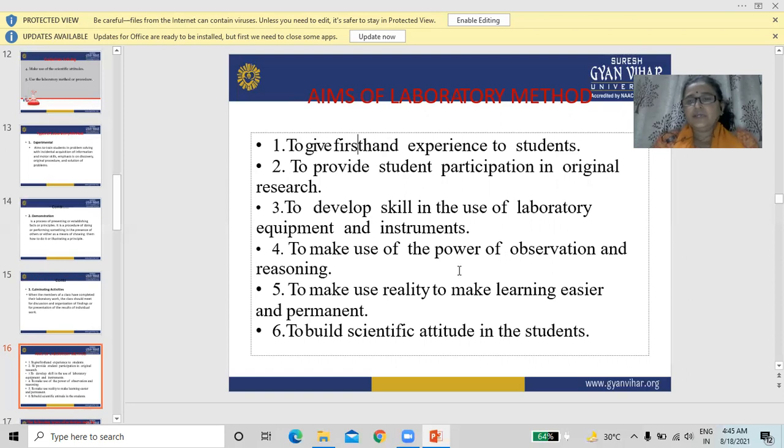So the learning is easier and permanent, as we discussed in our previous video lecture. When we include our maximum senses in learning, the learning is easier and permanent. Next aim of laboratory method is to build scientific attitude in the students.